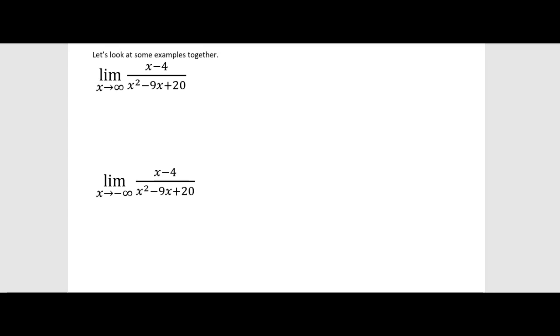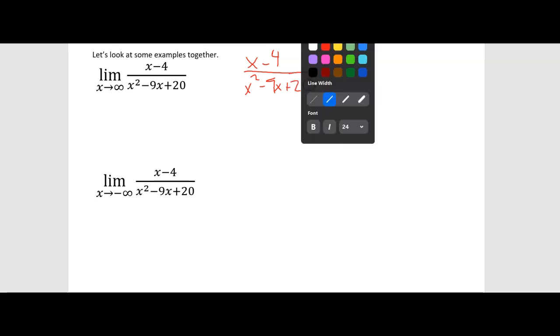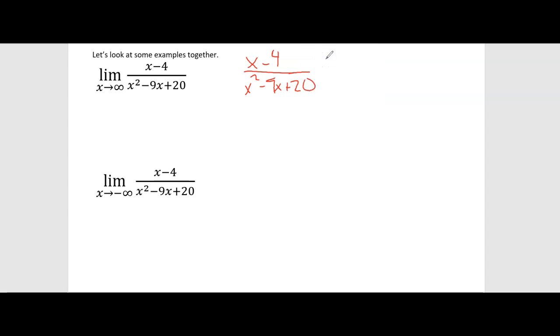Now, what's not different is that we still only need to pay attention to the leading terms. So I'm going to rewrite the function, not the entire limit expression, just the function. Okay. And the nice thing is, when we are substituting in very large numbers, these leading terms are the only terms we need to look at, right?